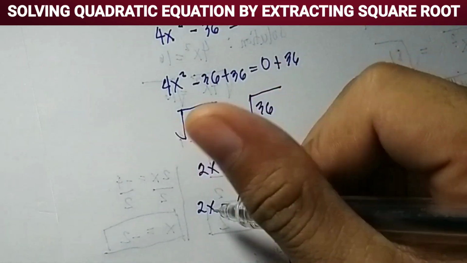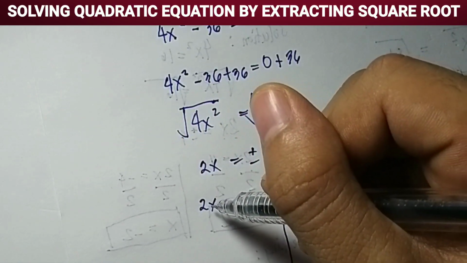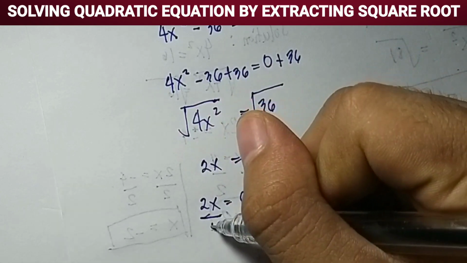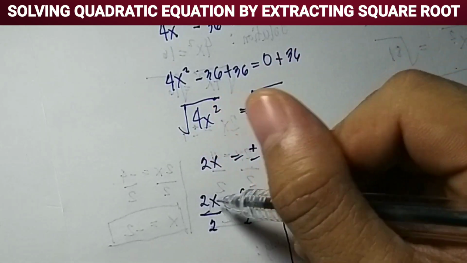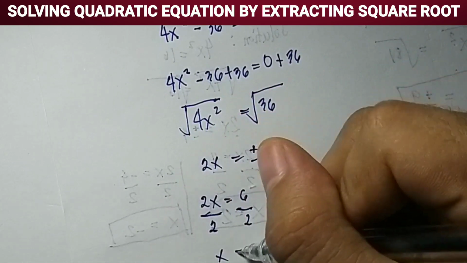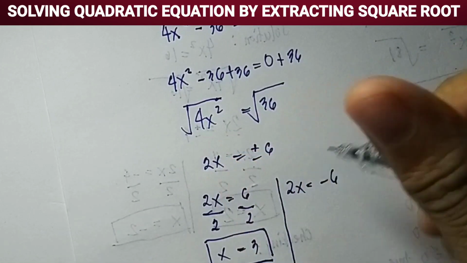So ato ni siya i-simplify. So again, kung unsa nga number nga tapad sa atong variable, mao pod ato i-divide. So kay 2 man iyang tapad, 2 ra pod ato i-divide. So 2x divided by 2, x. Unya 6 divided by 2, 3. Okay, naa na tay solution, which is positive 3.